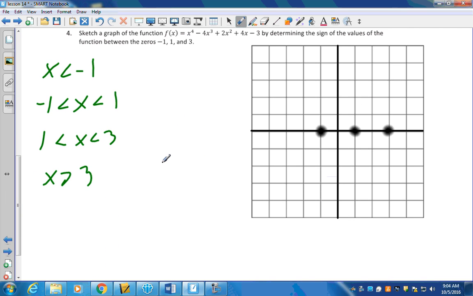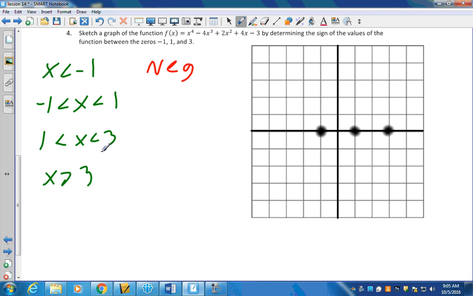Okay, talk to me. Who picked a number and what'd you get? You picked less than negative 1? So you got a negative? You picked 0? And what'd you get? So you picked 2. You picked this 2 up here. Are you positive?